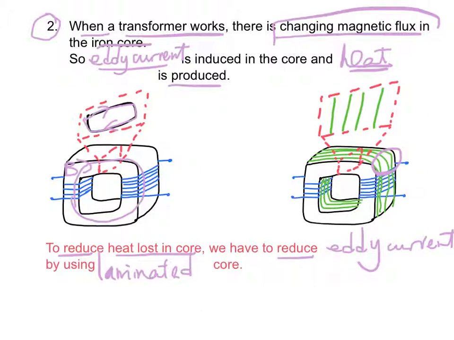In this case, the eddy current flows in the iron core in smaller loops, hence the resistance will be increased. Therefore, the eddy current will be decreased. As a result, the power loss as heat will be decreased.